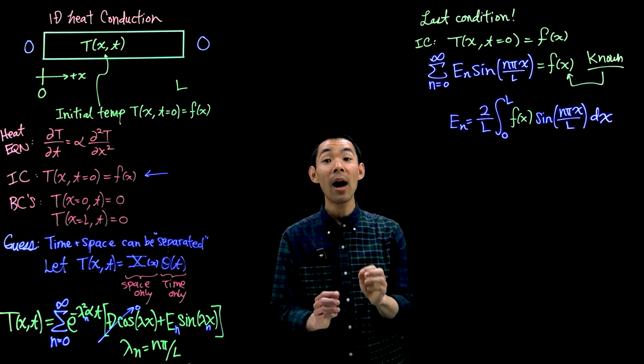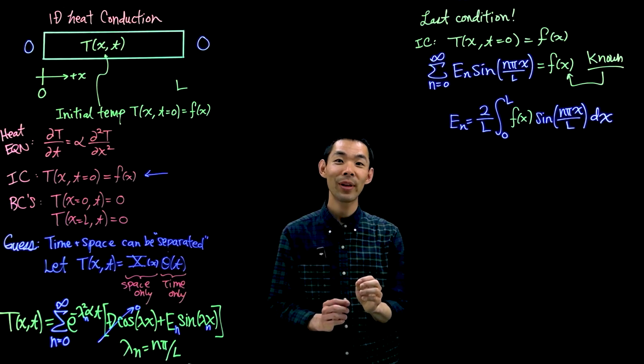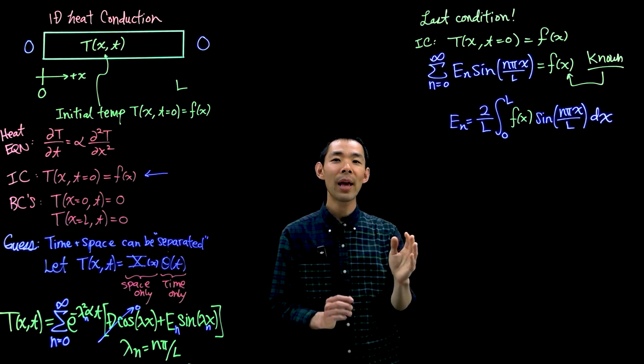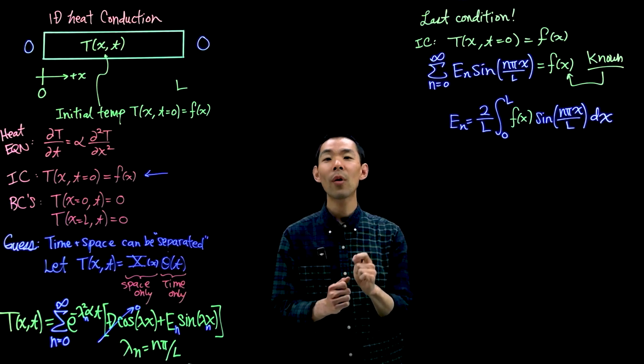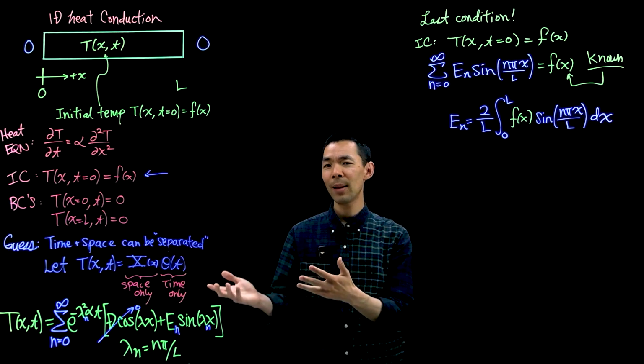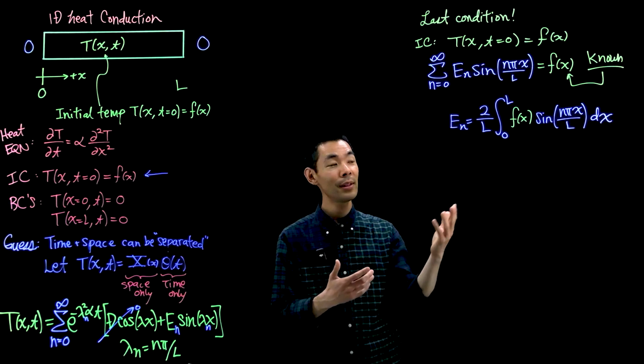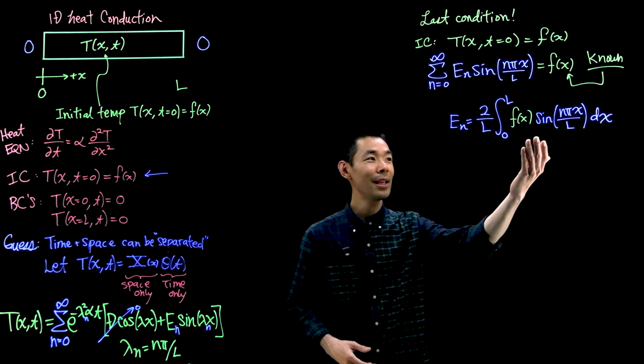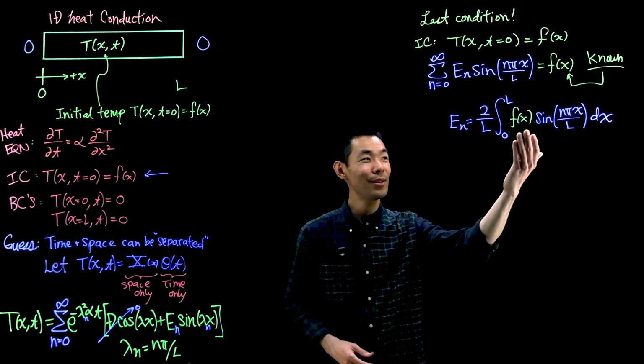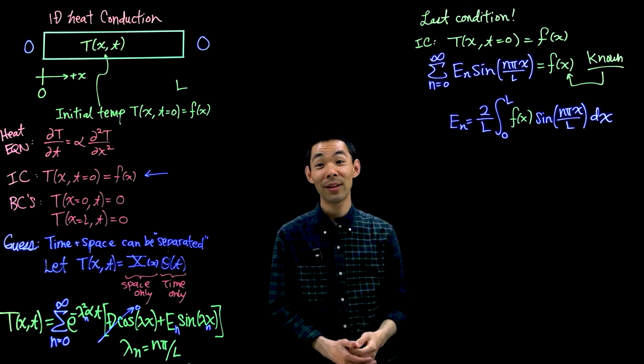Remember the odd and even extensions that we did for the Fourier series? I told you that a lot of times you won't need to worry about which one to choose, because the problem will determine it for you. This is the situation here. We're taking an odd extension because there's a sine series inside this integrand.